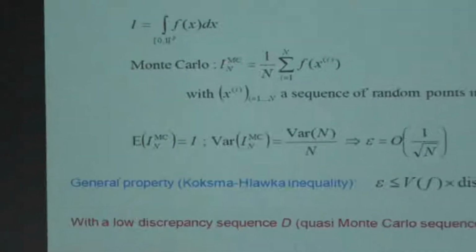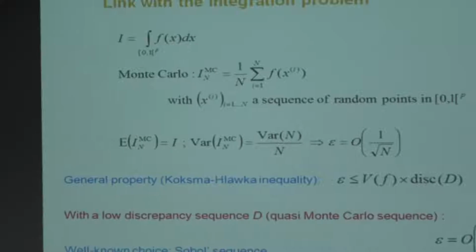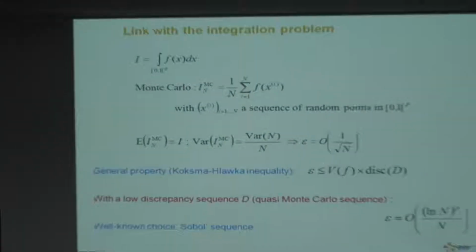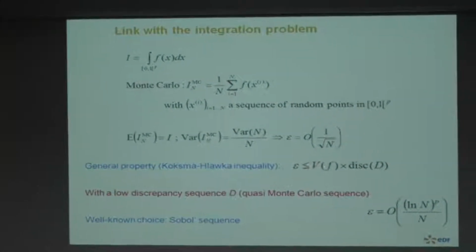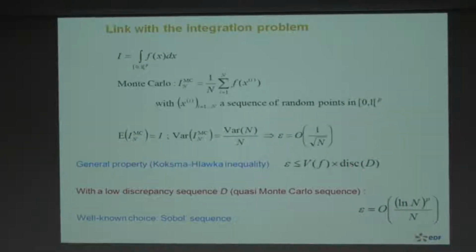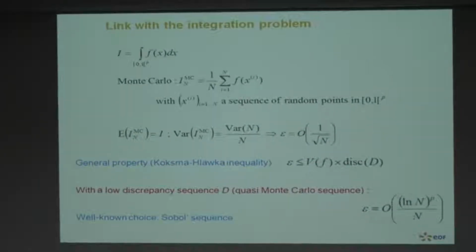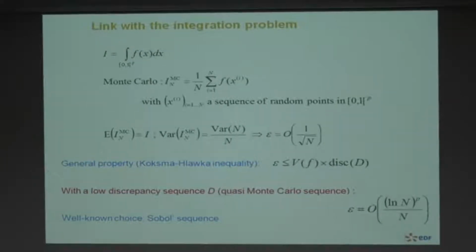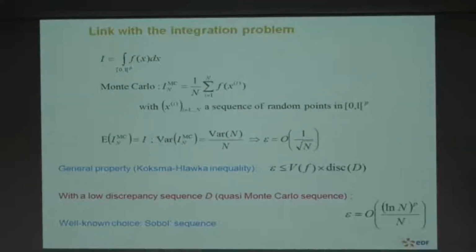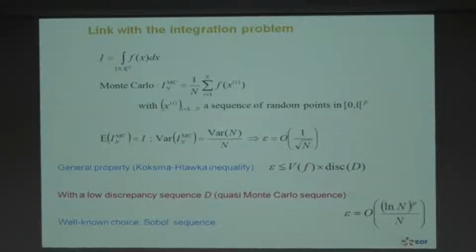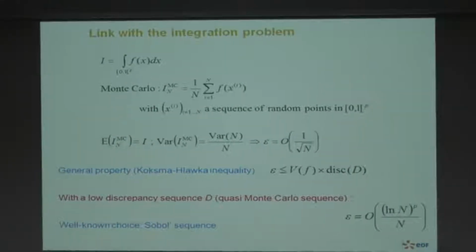It comes from the general property which is called the Koksma-Hlawka inequality. This inequality says that the error of approximation of this problem is bounded by a variation and the discrepancy of the points. This term is rather complex. This is a very general definition of the variation of a function, and this term is just the discrepancy that I have defined.